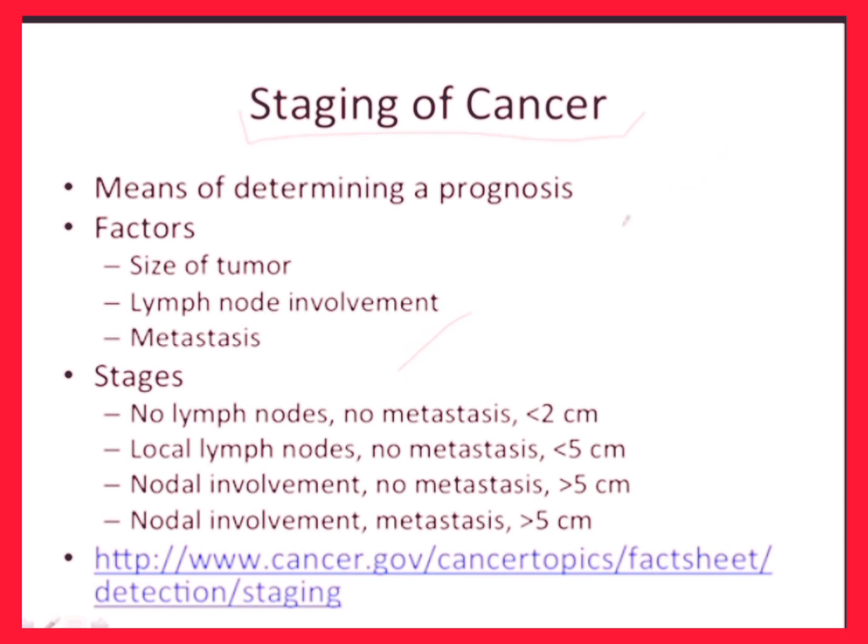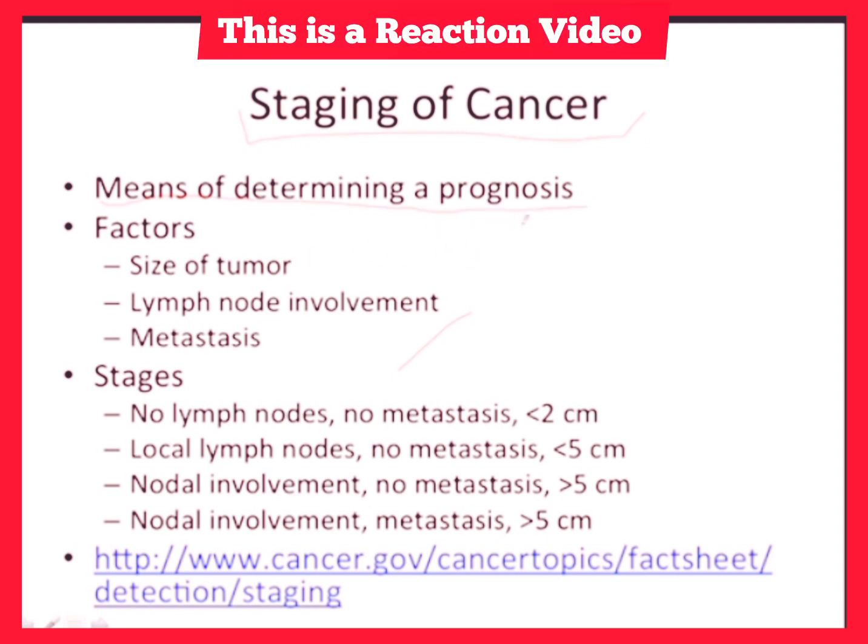All right, so basically staging is when you compile information about that neoplasm so you can develop a prognosis for that patient. And remember, prognosis is basically projected outcome. Part of that projected outcome is trying to figure out what the treatment is going to be.